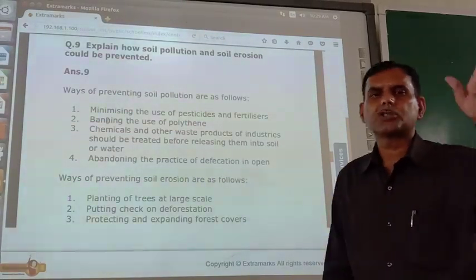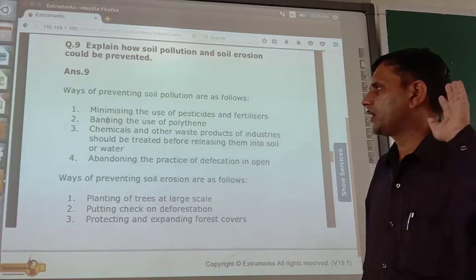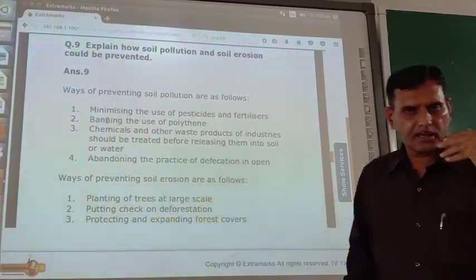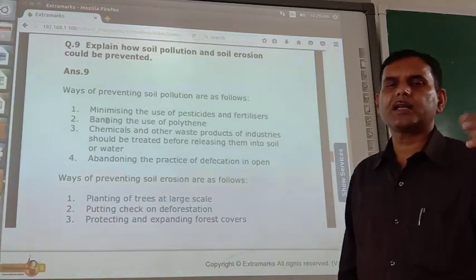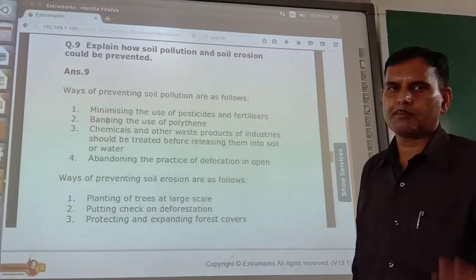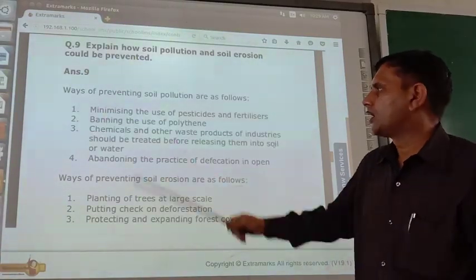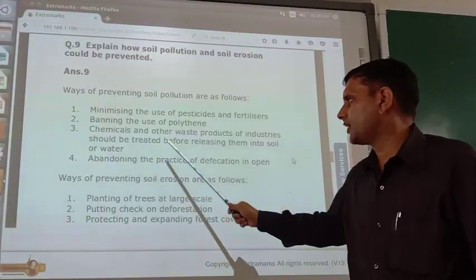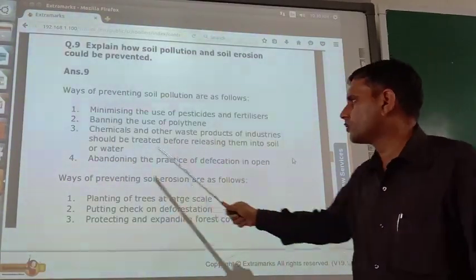Then only soil pollution can be prevented. Now just see, the biggest pollutant of soil nowadays is polythene. So the use of polythene should be banned.